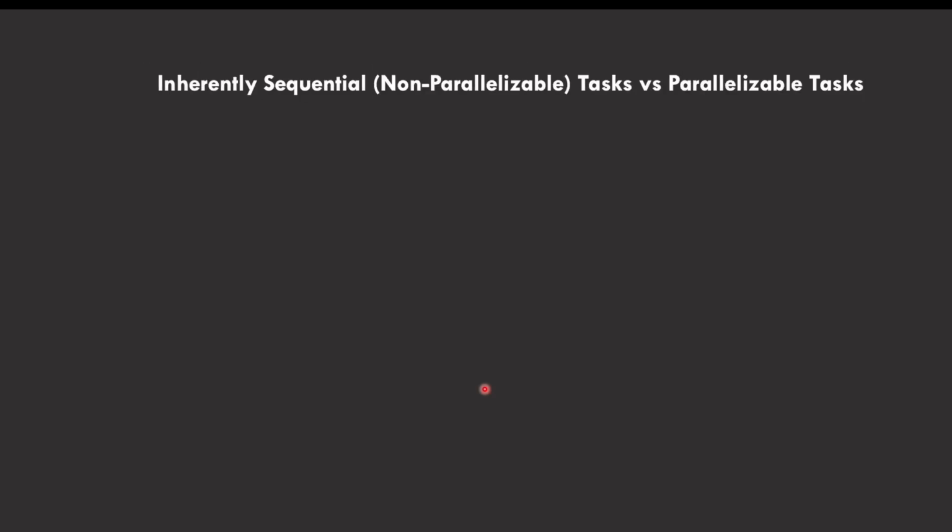Great. So sequential execution, parallel execution, and concurrent execution, we understood their key points and the differences between them. We also looked into a few terminologies like context switching, preemptive multitasking, and task scheduler, and what they are and how they work. We should look into another concept which is known as inherently sequential versus parallelizable tasks.